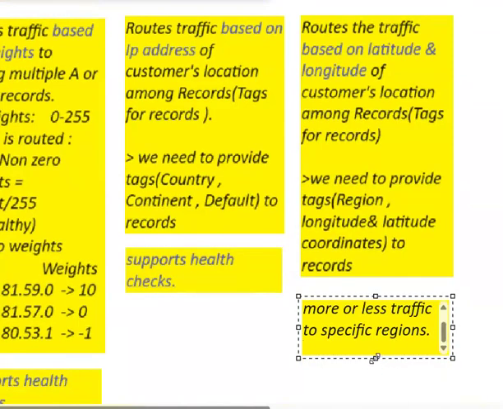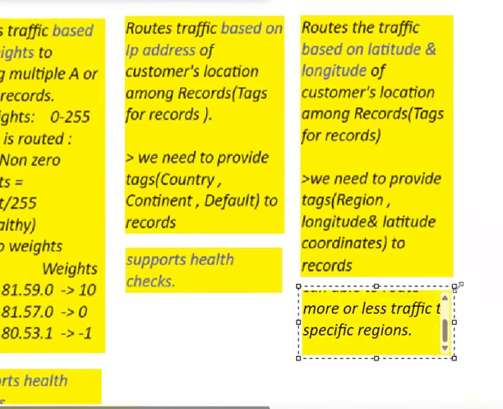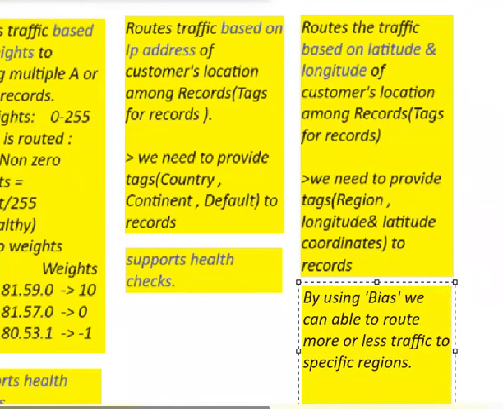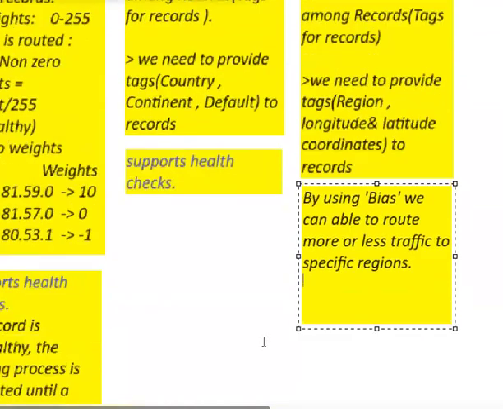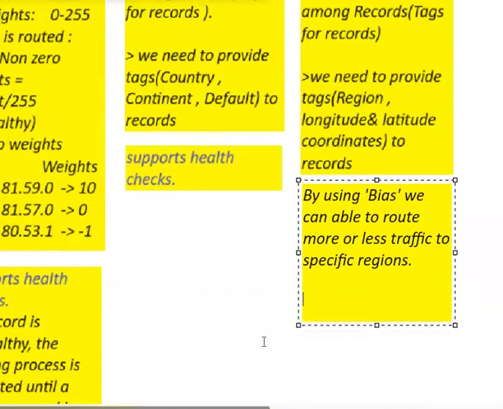What do we provide in this? We provide a numerical value. That numerical value specifies how much traffic needs to move to that particular record. Here we provide values from -99 to 99.